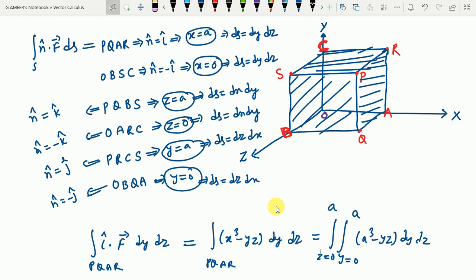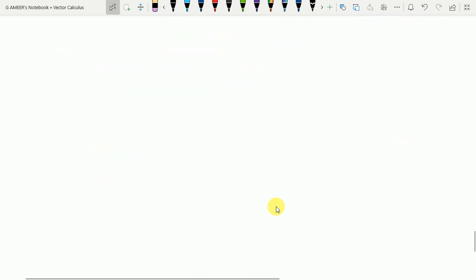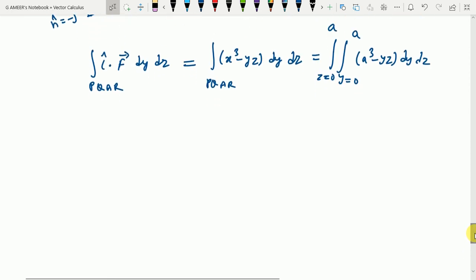Okay, so fine. Now we will see here, what will be the answer? We will calculate this integration. When I calculate this integration, z is equal to 0 to a, only perform for y.